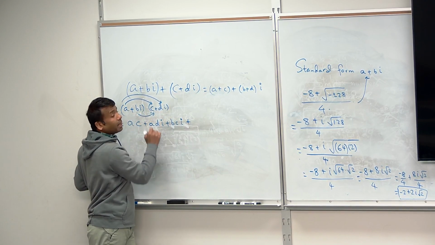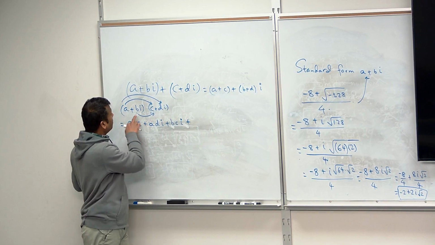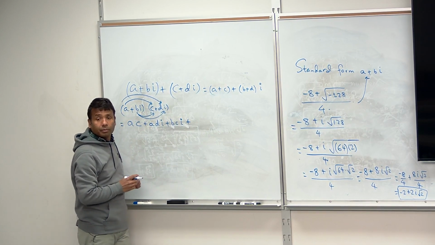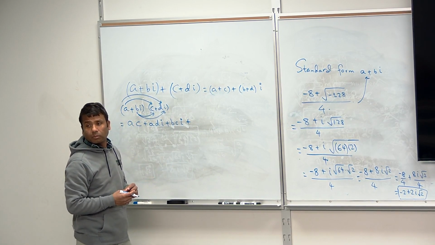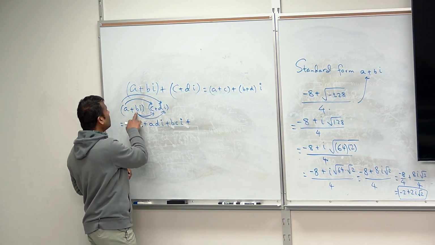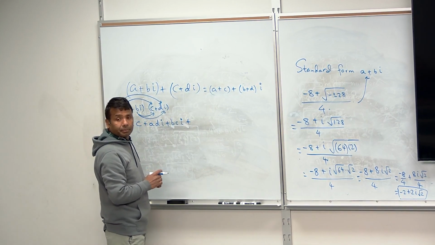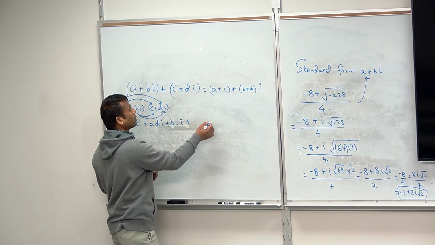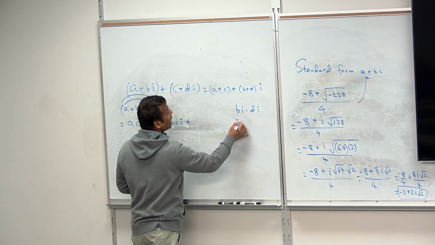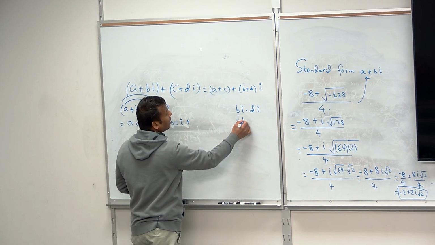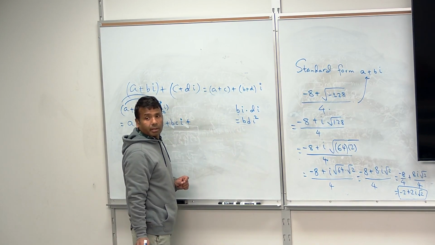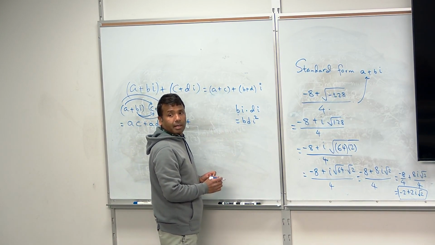What is bi times di? bd, and what is i times i? i squared, right?